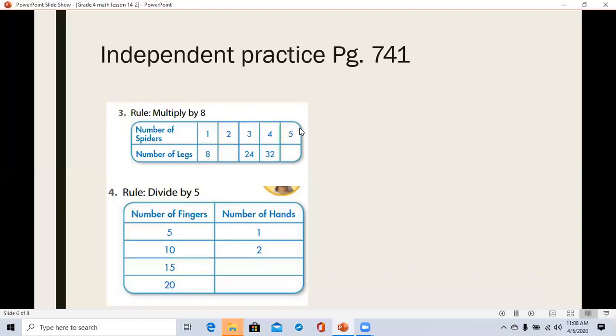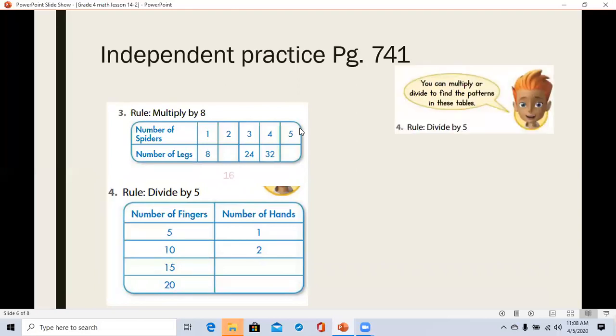So 2 spiders will have 16 legs. 3 spiders, 24. 4 spiders, 32. And 5 will have 40. Why? Because 1 times 8 is 8. 2 times 8 is 16. 3 times 8 is 24. 4 times 8 is 32. And 5 times 8 is 40.